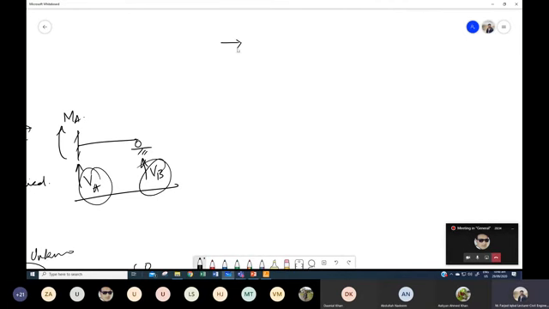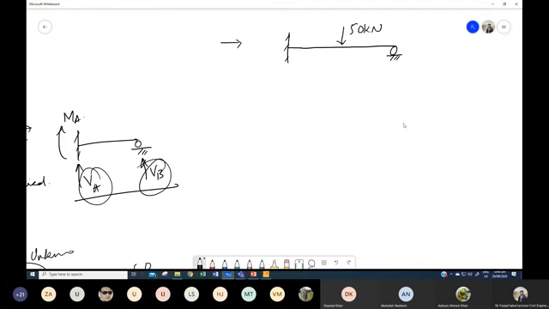So we have this beam on which a load of 50 kilonewton is acting. This distance is 6 meters.